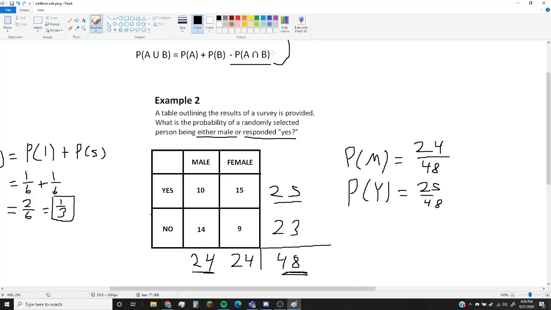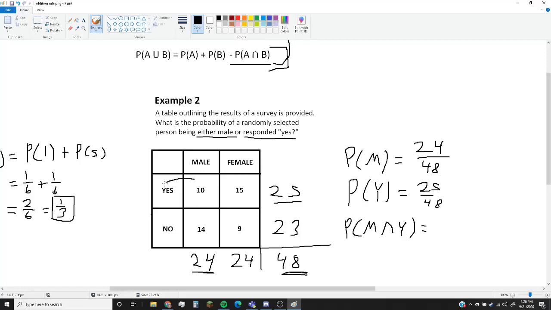And finally, because of this second iteration of the formula we need to figure out the probability of A intersect B, or in other words, the probability of male and yes. So we can find that by looking at the table itself.